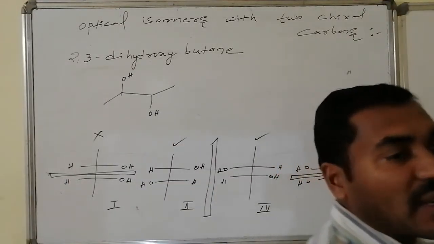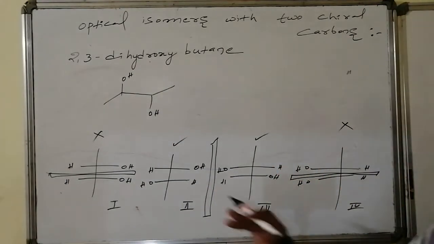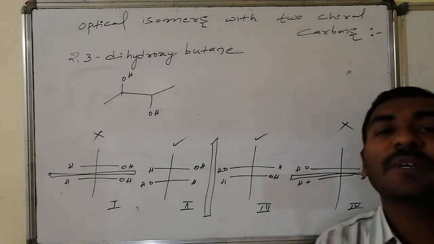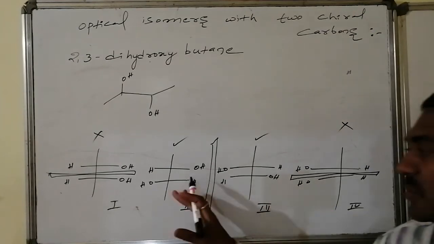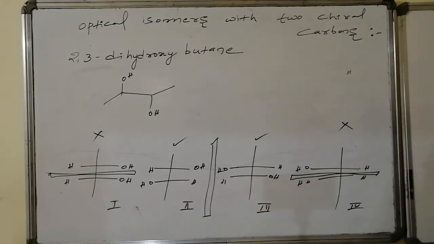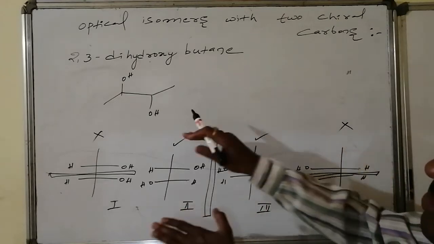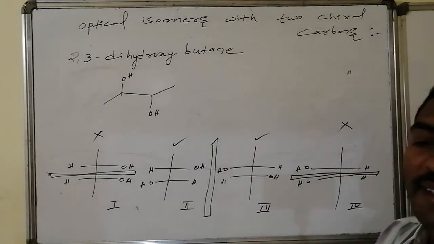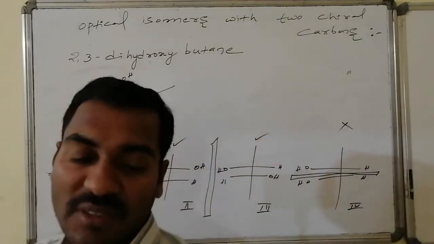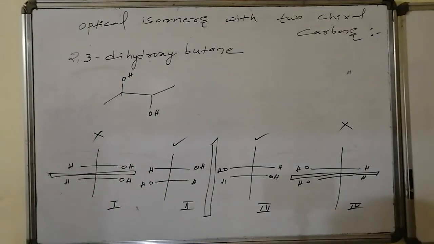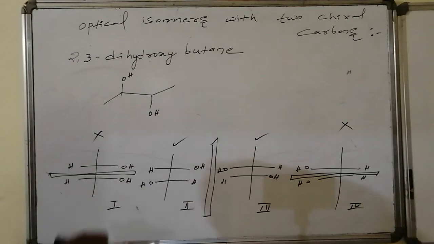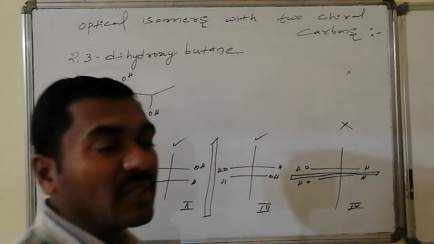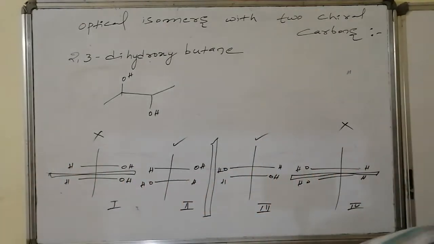Out of 4 optical isomers here, 2 of them are optically inactive. Though they have chiral carbons, they have symmetry within the molecule. The remaining two molecules are optically active, and those two are non-superimposable mirror images to one another, hence they act as enantiomers. Thus the optically inactive molecules, though having chiral carbons, are known as meso molecules or meso compounds.